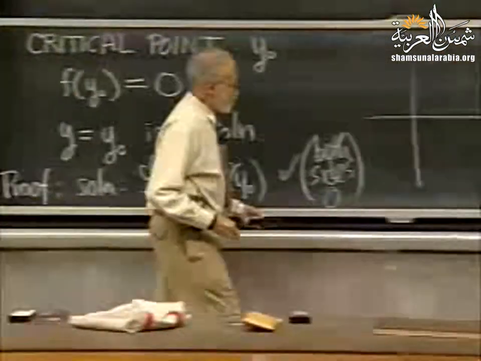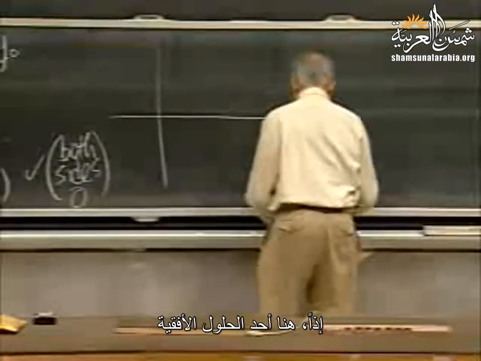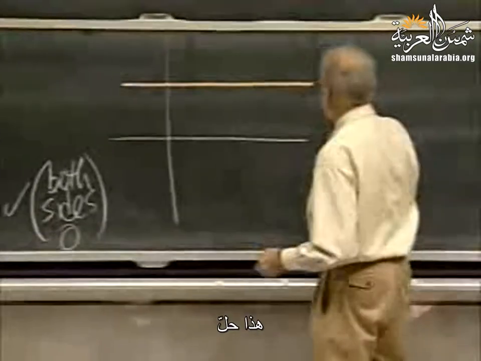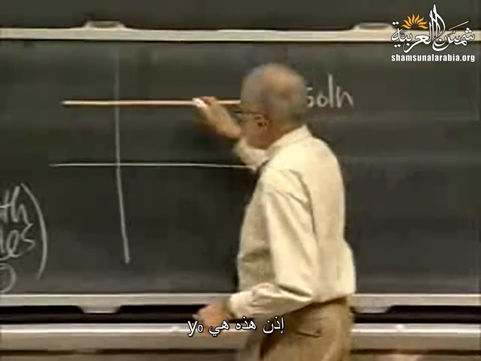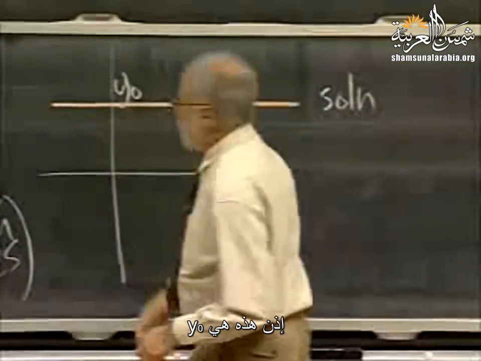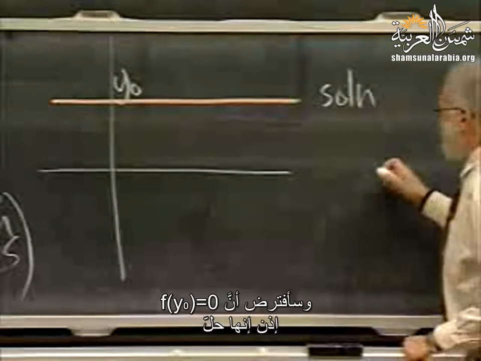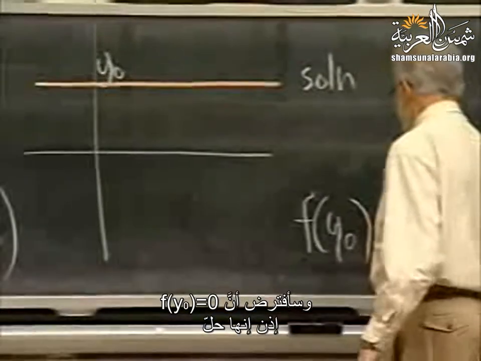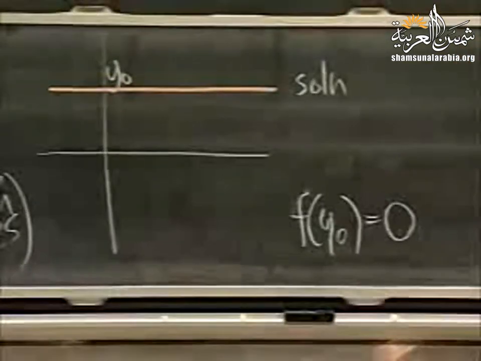So here's a horizontal solution. This is my y0, the height at which it is, and I'm assuming that f of y0 equals 0, so that it's a solution.